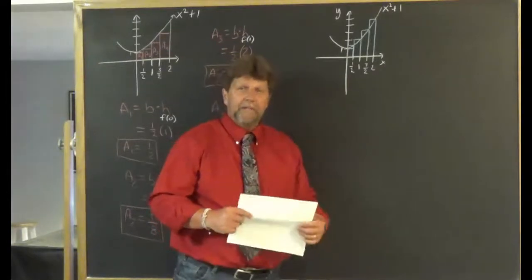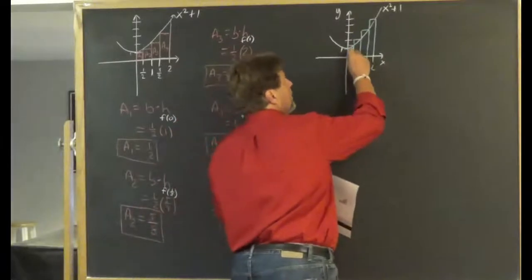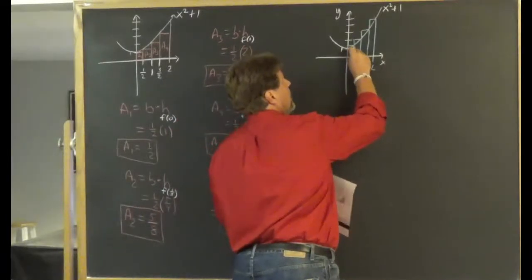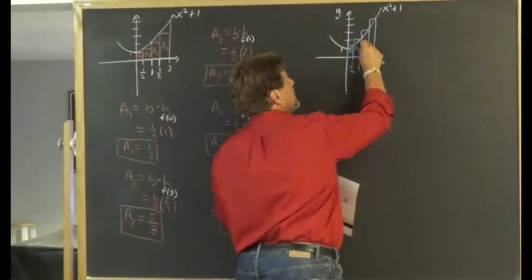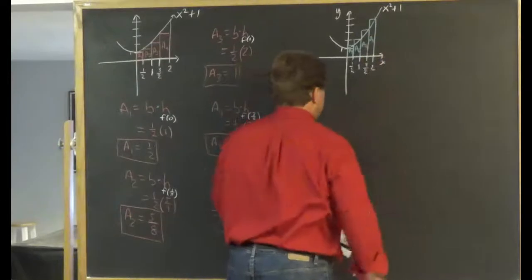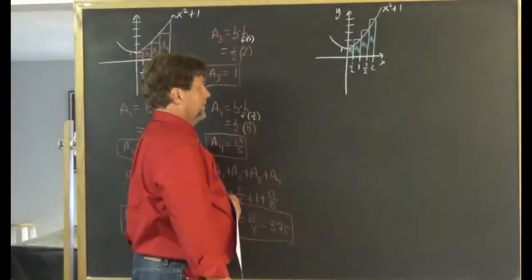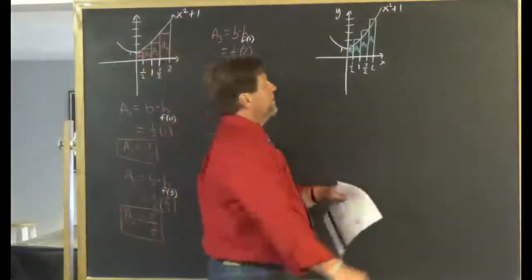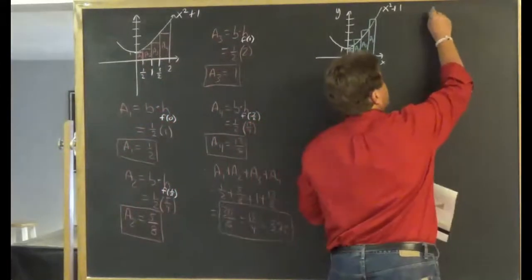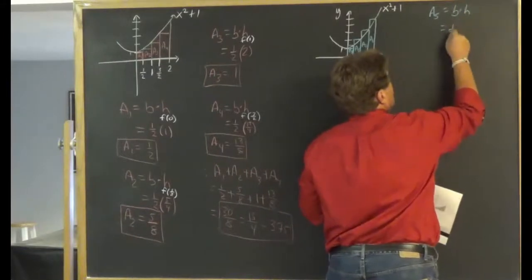Okay, I'm going to label the rectangles just like I did over here, except here I'll call them A sub 5, A sub 6, A sub 7, and A sub 8. So let's find the area of each one of those. So rectangle 5, base times height. The base is 1/2.